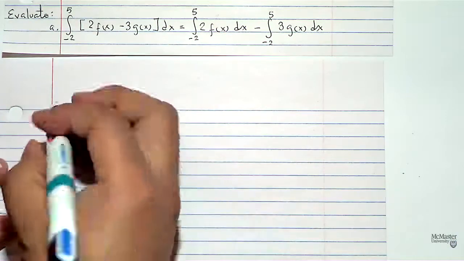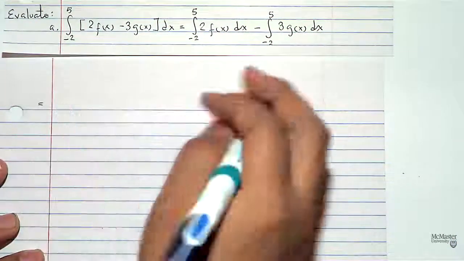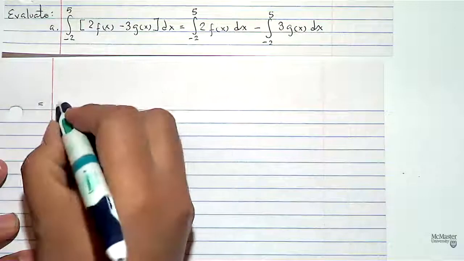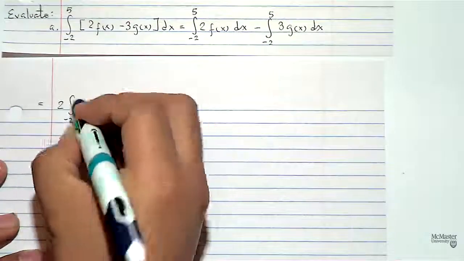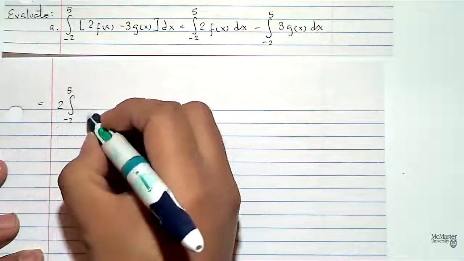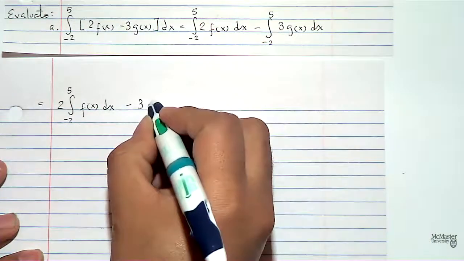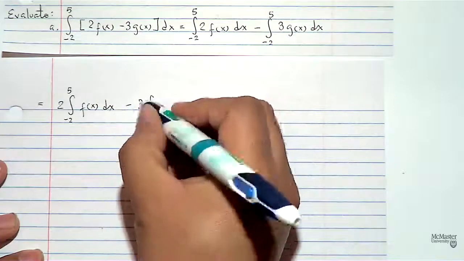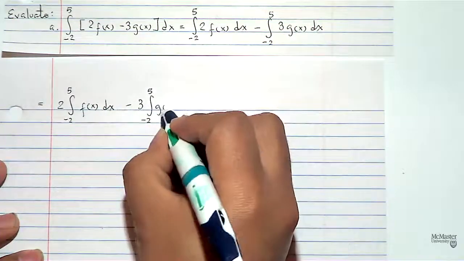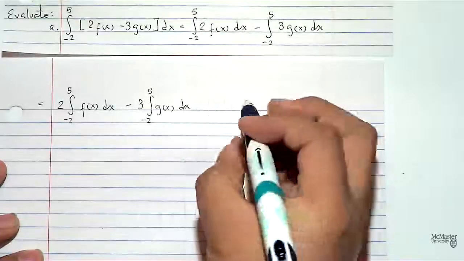So this would be equal to, I will take the 2 out of the first one, 2 integral from -2 to 5 of f of x dx. Then I take out the 3, integral from -2 to 5 g of x dx.